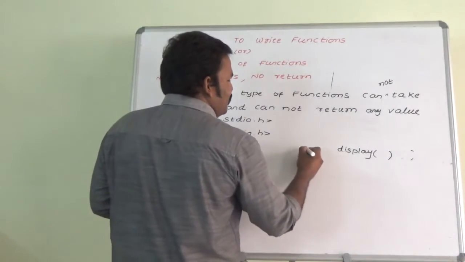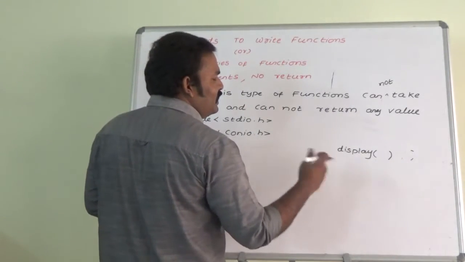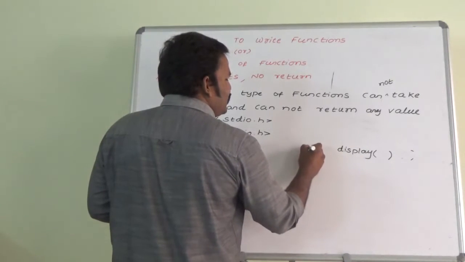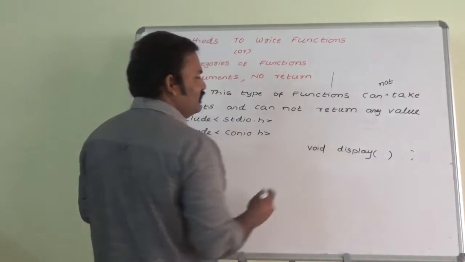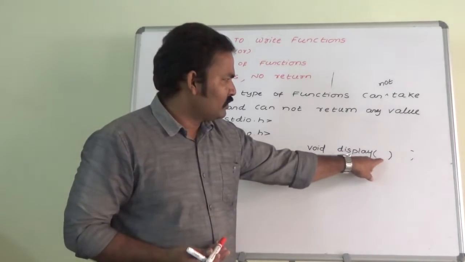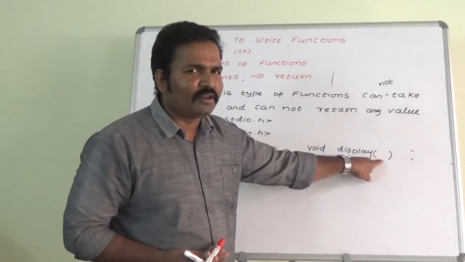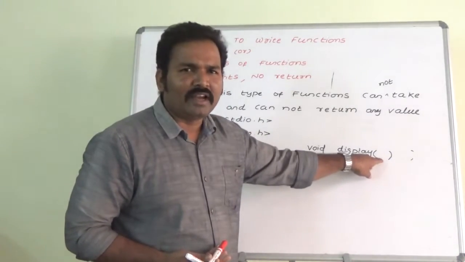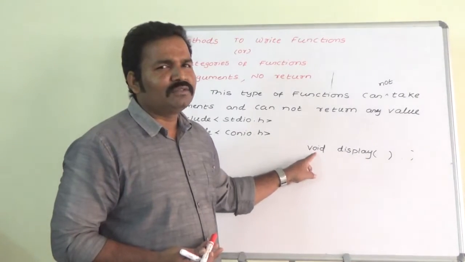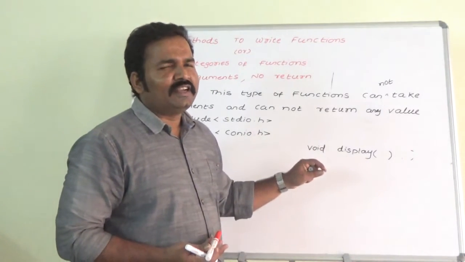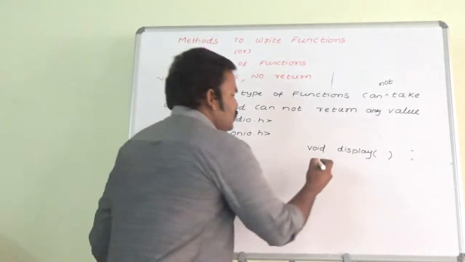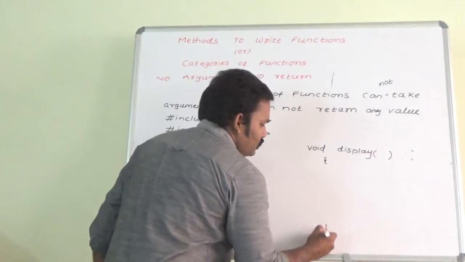If the function does not return any value, we have to specify the return type as void. What is void? Void is a return type. It does not return any value from the called function to the calling function. Opening brace, closing brace.